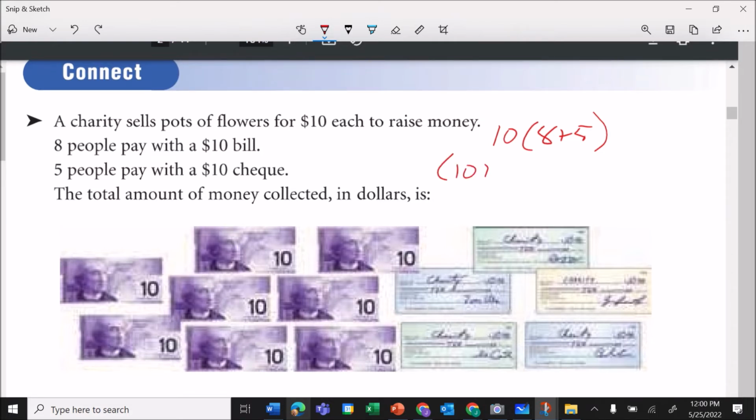Oops. This is interesting. I saw this. Does this one work? No. Would I get the same number? Because this one, I'm going to get 10 times 8 and 10 times 5, right?